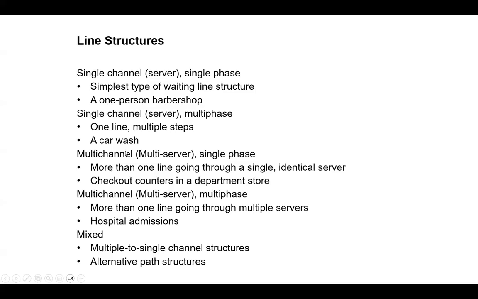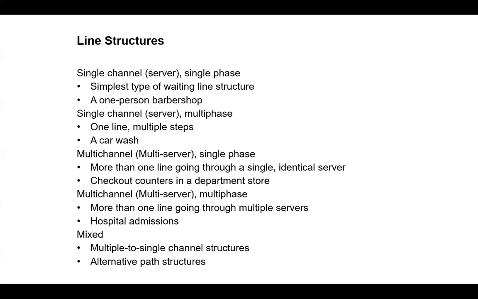And we also have multi-channel single phase. Think about checking out at Walmart, Smith's, or any grocery store: they may have different checkout points, but it's only one phase, one step, you just check out. As well as multi-channel multi-phase, like hospital admissions: you check in, then someone at the reception desk helps you and you wait there, then the doctor sees you, and then you check out.